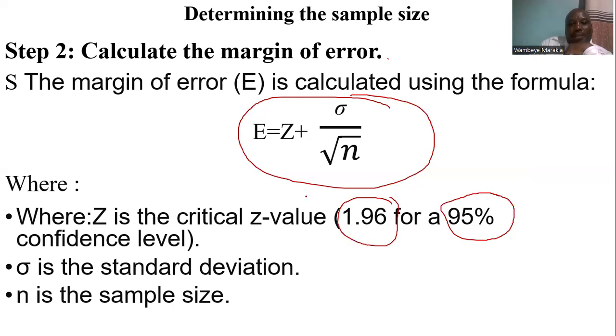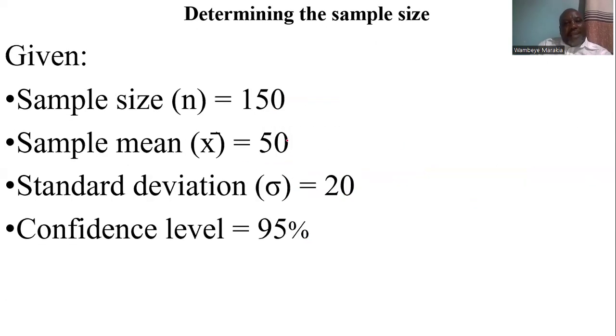So this one we will put there. And our standard deviation was 20, so we'll substitute 20 here. And our sample size was 150. These are the values we were given.